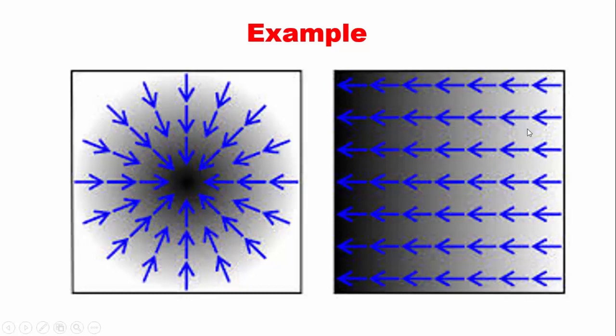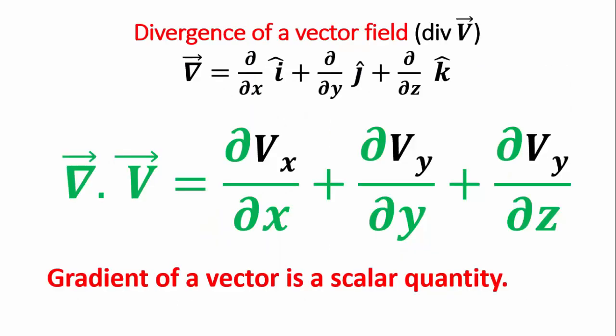It is the gradient of darkness. So these are very simple examples of the gradient. In real life, the temperature gradients are there, pressure gradients are there. That's why the clouds are moving from the seashore towards the land or from land to the seashore. So these are due to the pressure gradients.